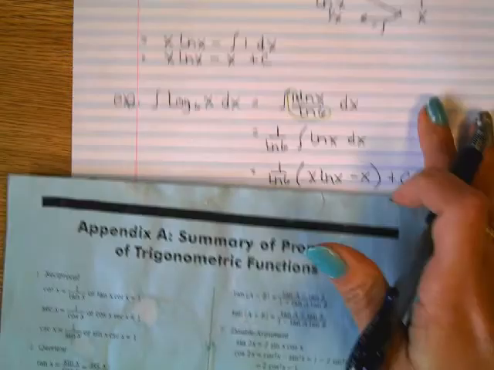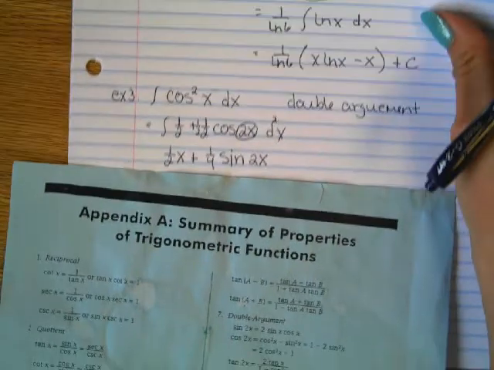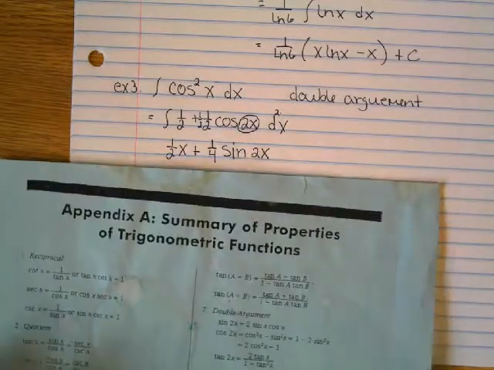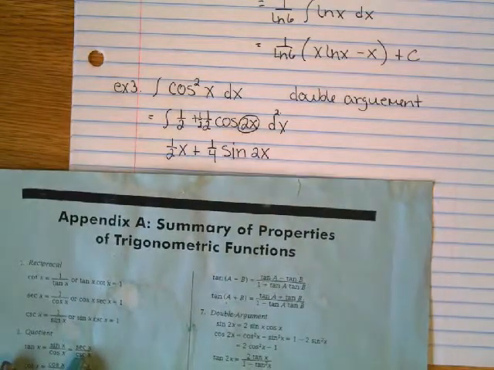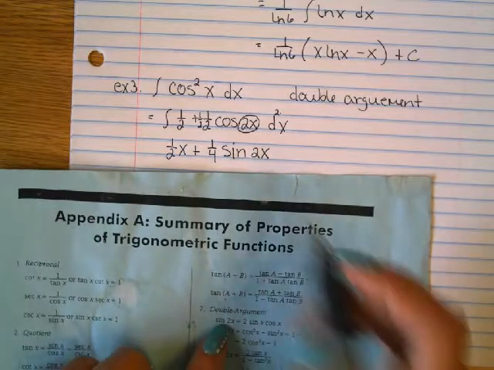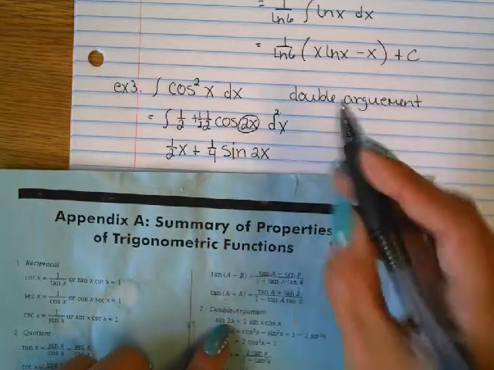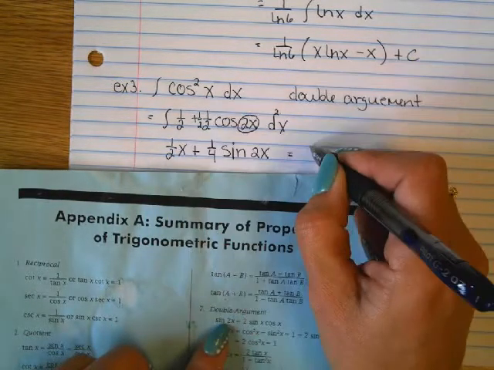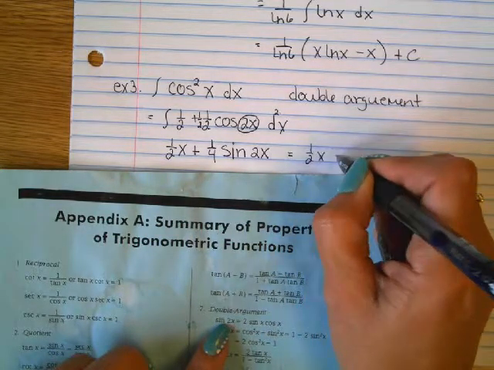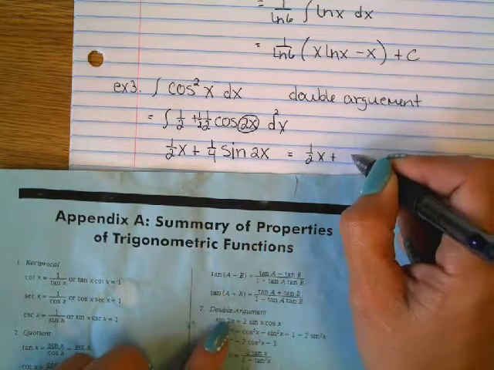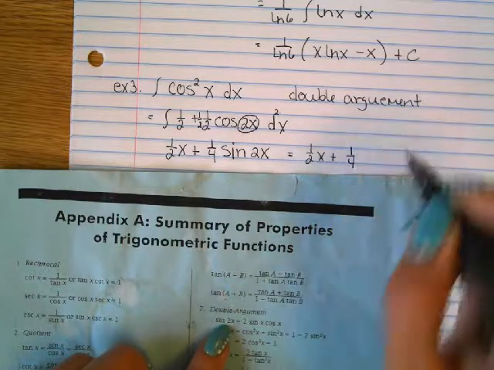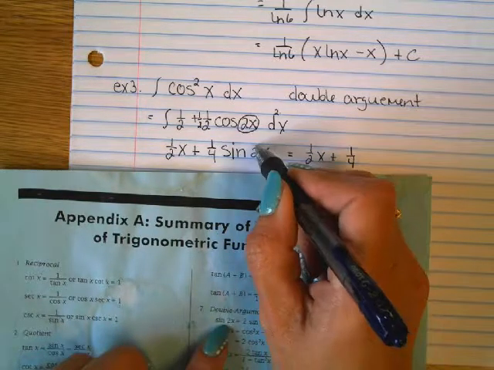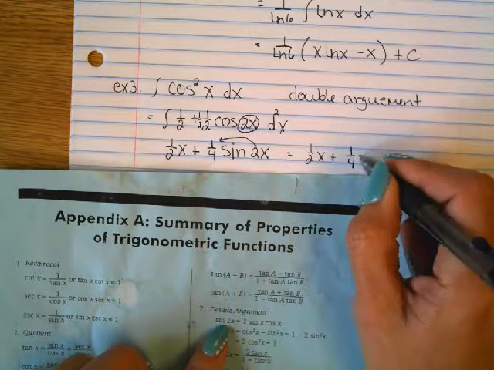So I've got, right, let's see if I can get these both on here. Yeah, I'm going to follow this. I've got 1/4 sine 2x. So I'm going to keep this 1/2 x. I keep the 1/4. Now my 2 that I have here comes to the front.